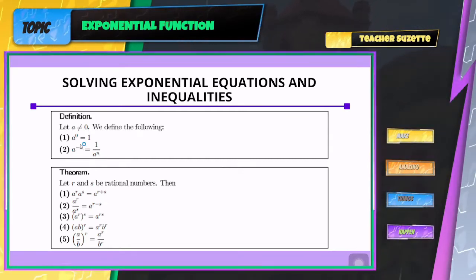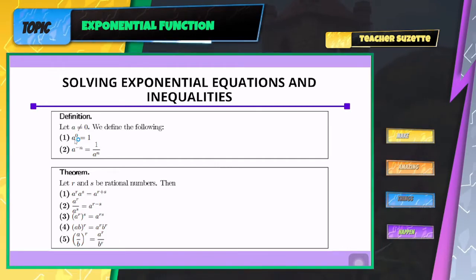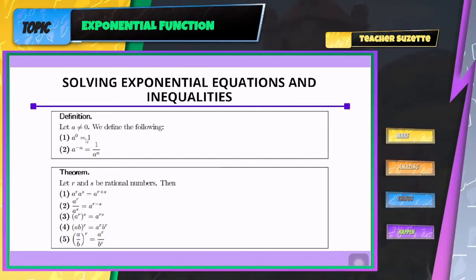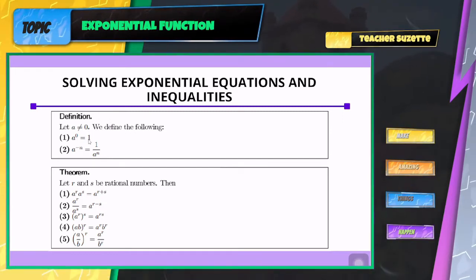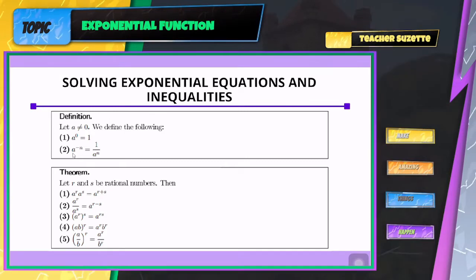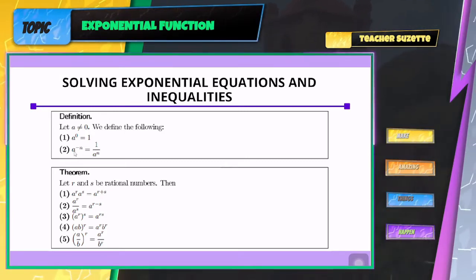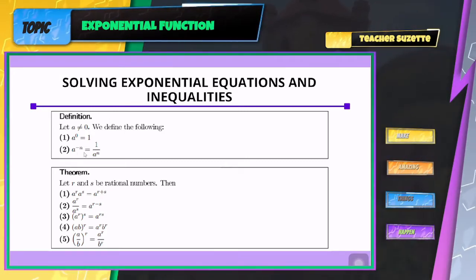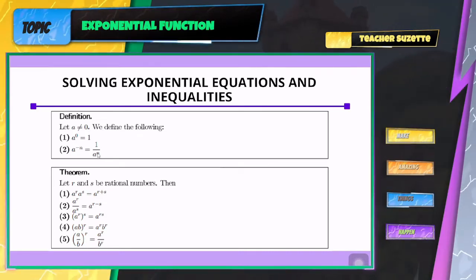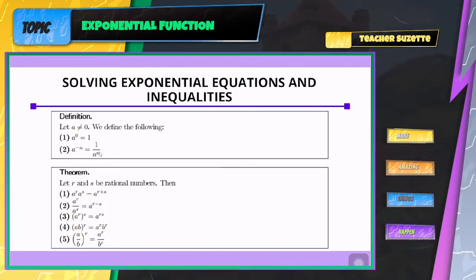So simply, for the first definition, any number or any letter or variable that is raised to 0, the answer will automatically be equal to 1. And if you have any variable or number that is raised to negative, you get the reciprocal, so you will have 1 over a raised to n. So, magiging positive na po siya.